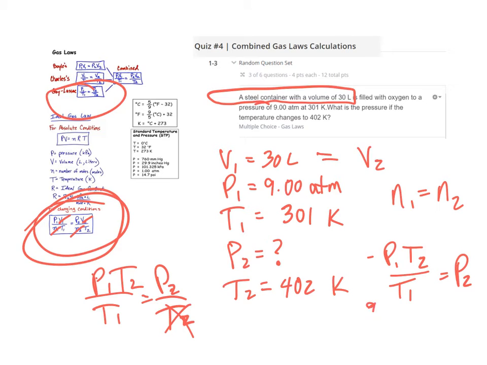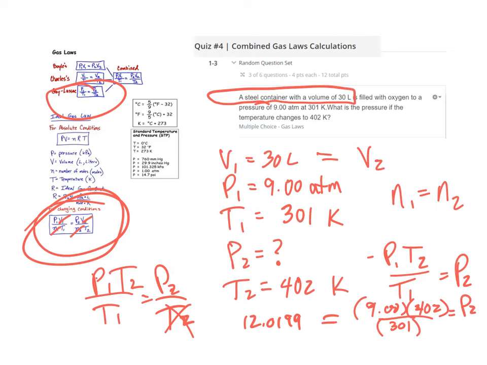I'm ready to go. 9 atmospheres times temperature T2, 402, divided by temperature T1, 301, equals P2. Calculator says 9 times 402 divided by 301 is 12.0199.